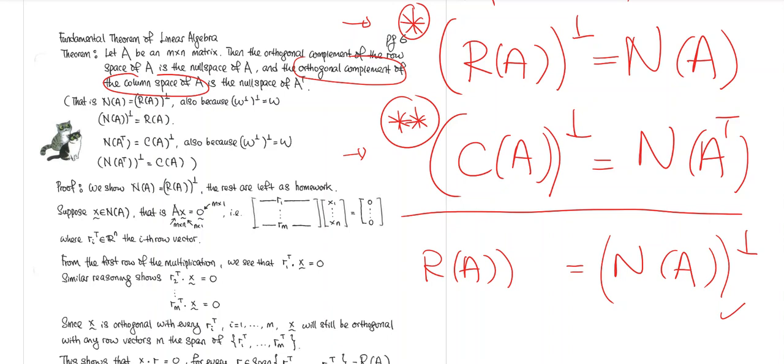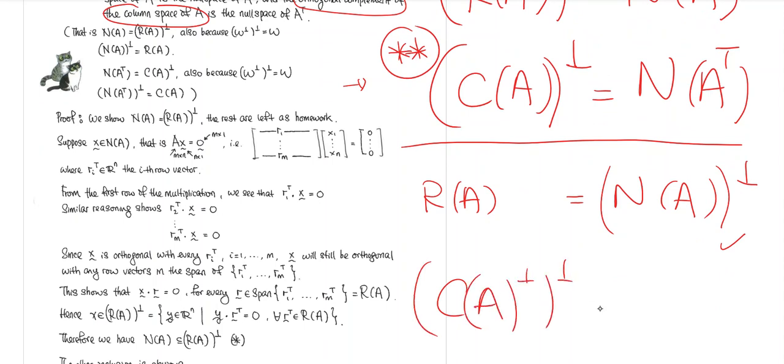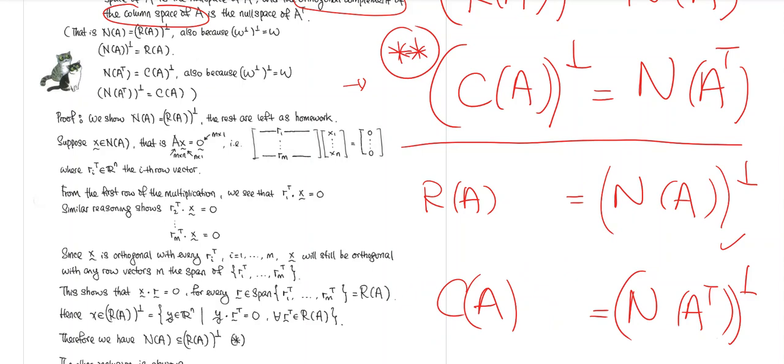They are logically equivalent. And from equation double star, if you apply the orthogonal complement to the null space of A transpose, then the column space of A is equal to the orthogonal complement of the null space of A transpose. So this is equivalent to the second equation, and the other is equivalent to the first equation.